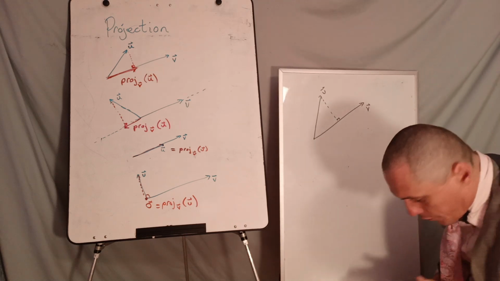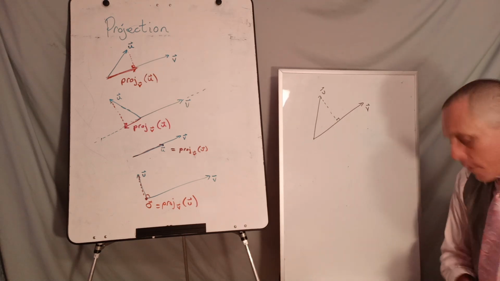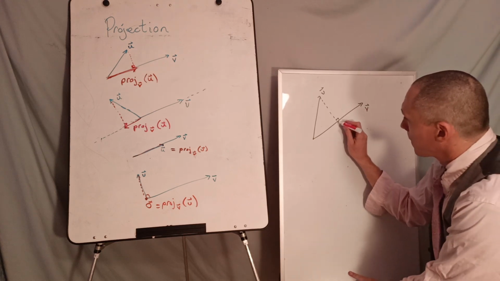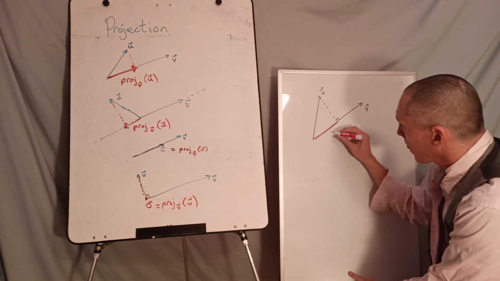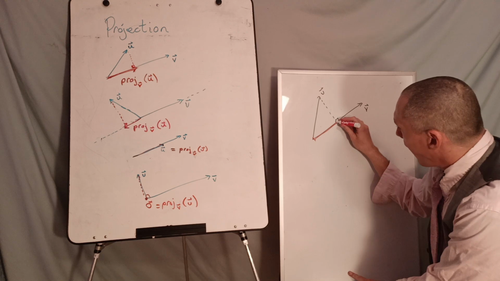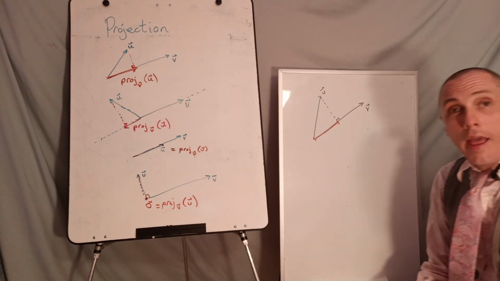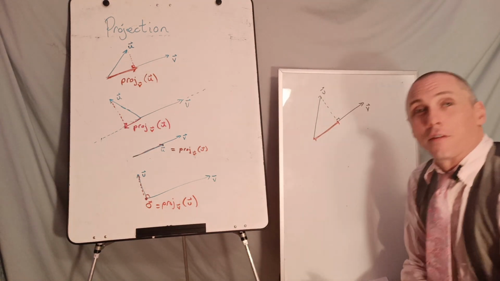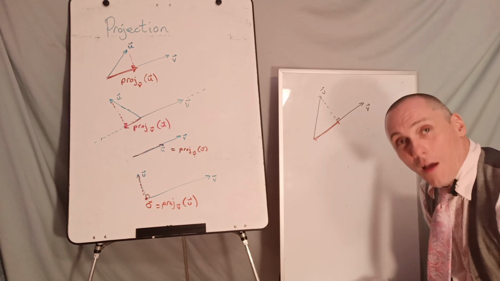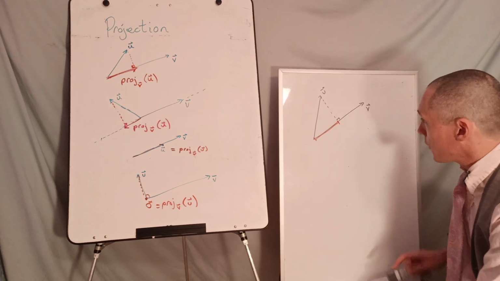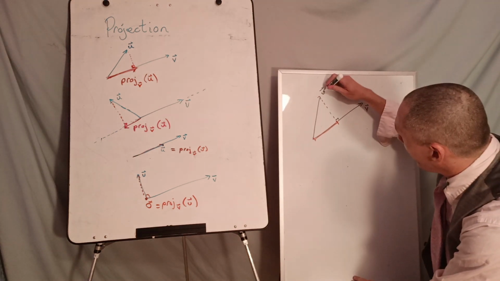And now all I really want to know is how long is this thing? Well, now this is no longer even a vector calculus question, right? This is simply a trigonometry question.